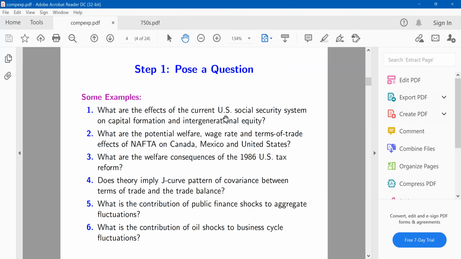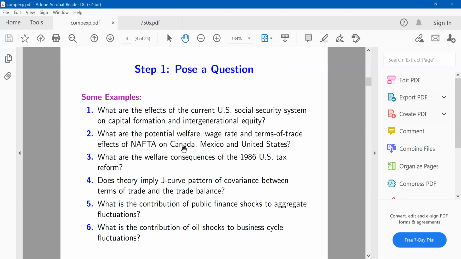Now, what are some questions? These are directly from the paper again, and these are actually from real published papers. What are the effects of the current U.S. Social Security system on capital formation and intergenerational equity? Right, so this is directly from a paper.